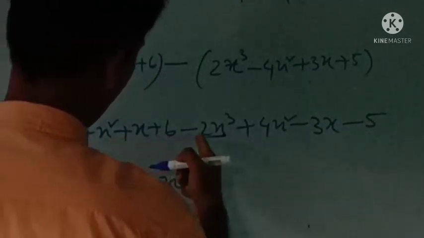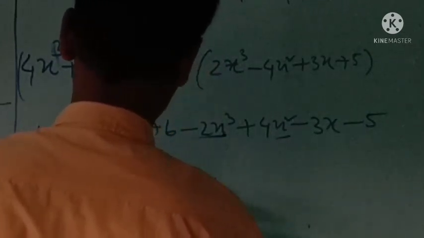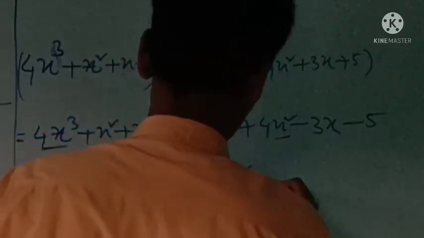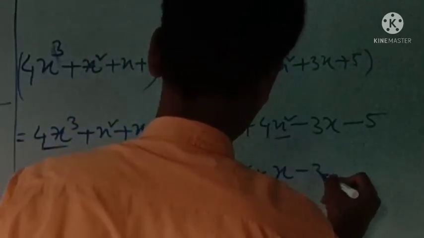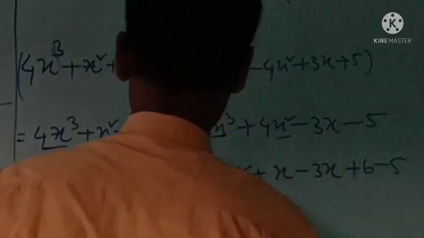Is there any more x squared here? Yes, there is one more x squared, so we write x squared plus 4x squared, then x plus x minus thrice x, then plus 6 minus 5.